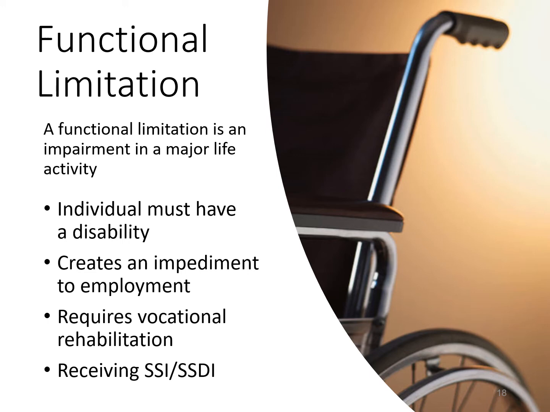Eligibility criteria include: an individual must have a disability. It creates an impediment to obtaining, maintaining, or improving employment. The individual requires vocational rehabilitation services to obtain, maintain, or improve employment. Receiving Social Security, SSI or SSDI, results in presumptive eligibility.